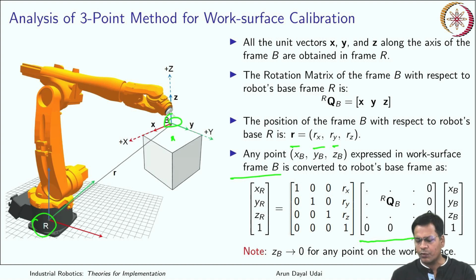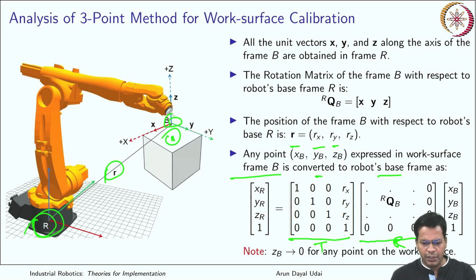That is the first transformation that you do, the rotation transformation, and then you do the translation. That is, first you rotate and then you move it to the new location. You do these two transformations, and you can calculate that point with respect to the robot's frame.